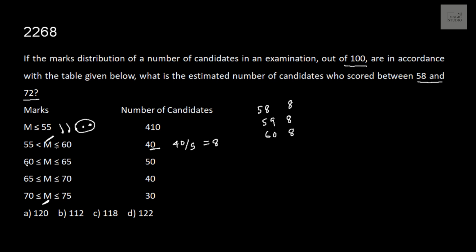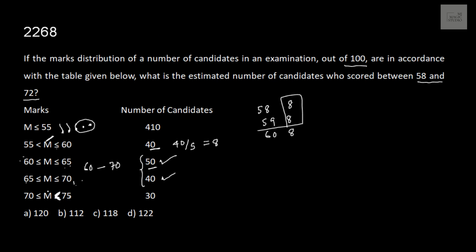Now from 60 to 65 is 50. Fine, we take this. From 65 to 70 is 40. We take this. That means from 60 to 70, both inclusive, we have 90 candidates.